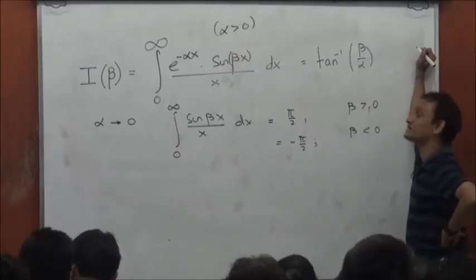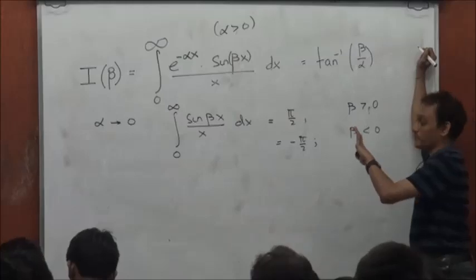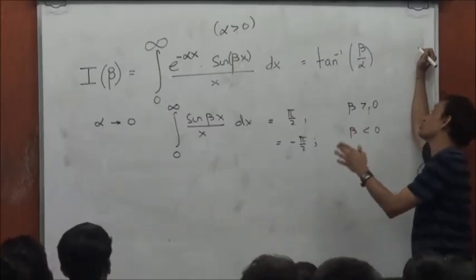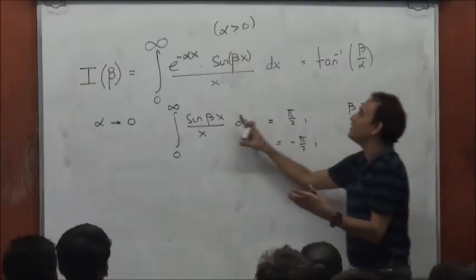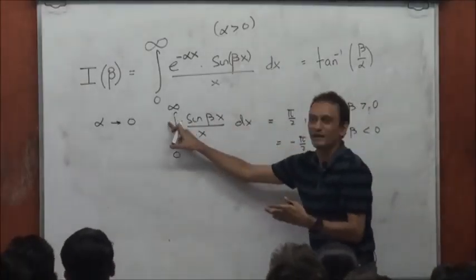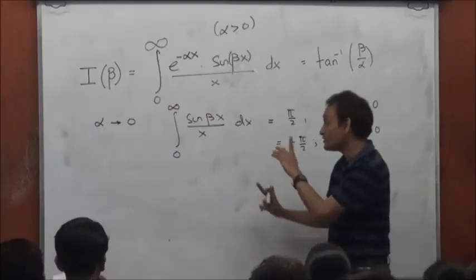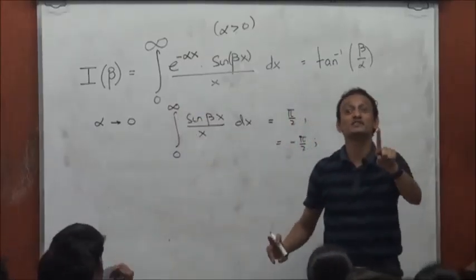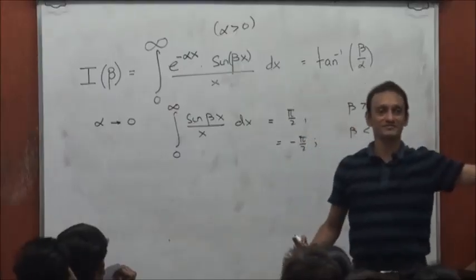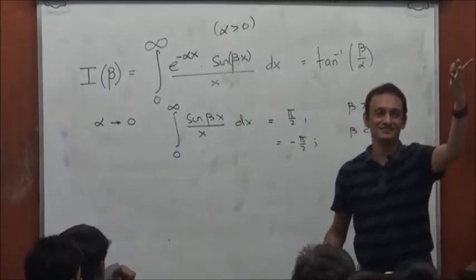The integral of sine beta x by x from 0 to infinity is going to be plus pi by 2 when beta is positive, and minus pi by 2 when beta is negative. Obviously, if you change the sign of beta here, a minus sign will appear here, and it will become negative automatically. Again, if you strip these limits, the integral of sine beta x by x cannot be found. The definite integral exists.